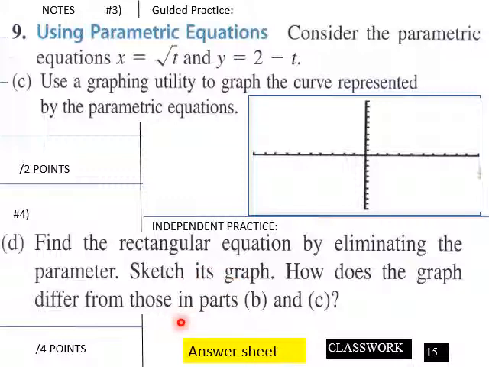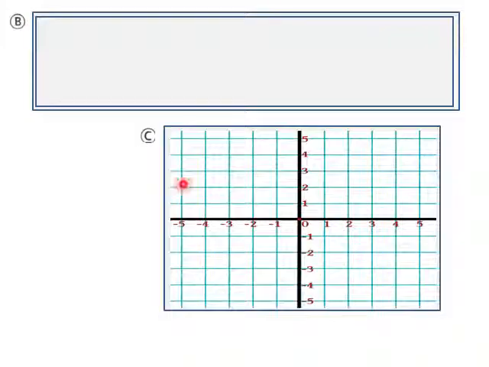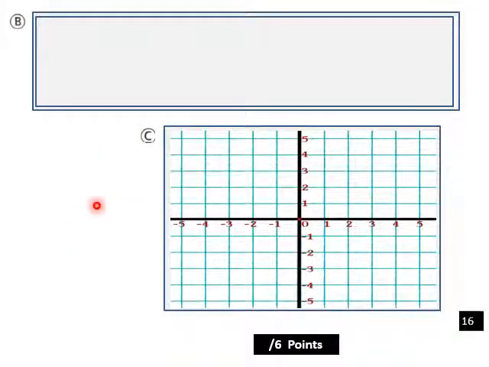How does the graph differ from those in parts B and C? So for these two parametric equations up here, this would be your graph for these two situations. Use a graphing calculator. That would be what your graph should look like. And then for those other students, I'm going to let you do that.